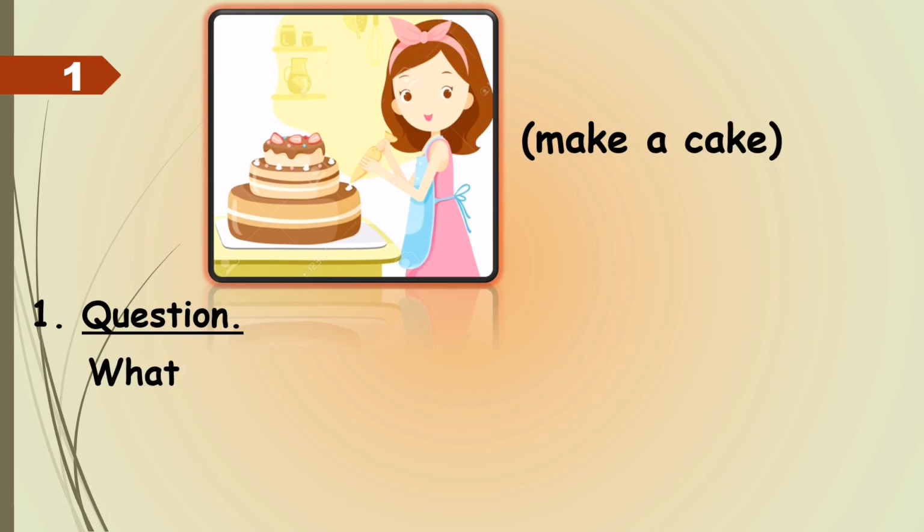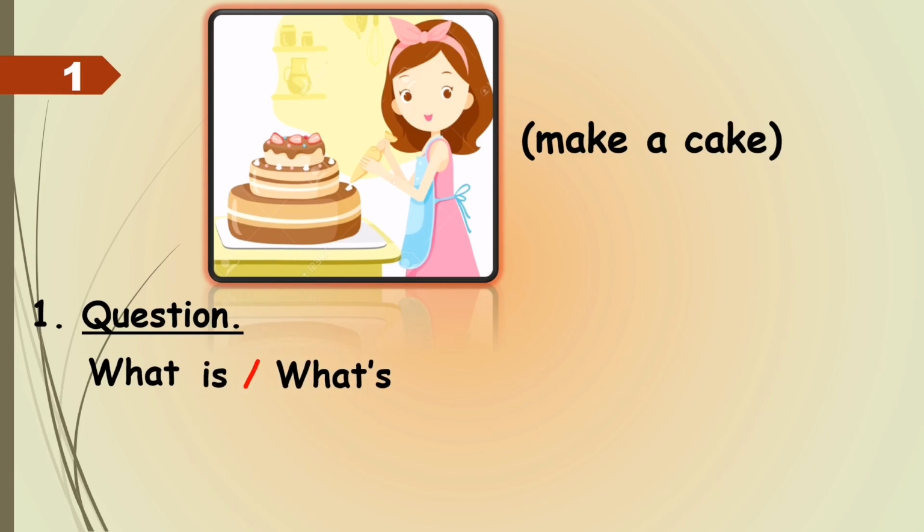In the picture, there's only one person. We can either use the singular or special subject. Let's use the singular subject. The verb to be for singular subject is is, what is, or in the contraction form, what's.